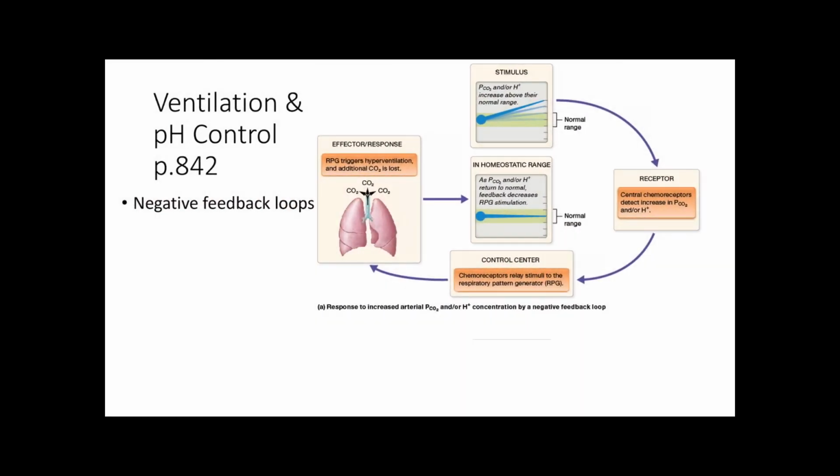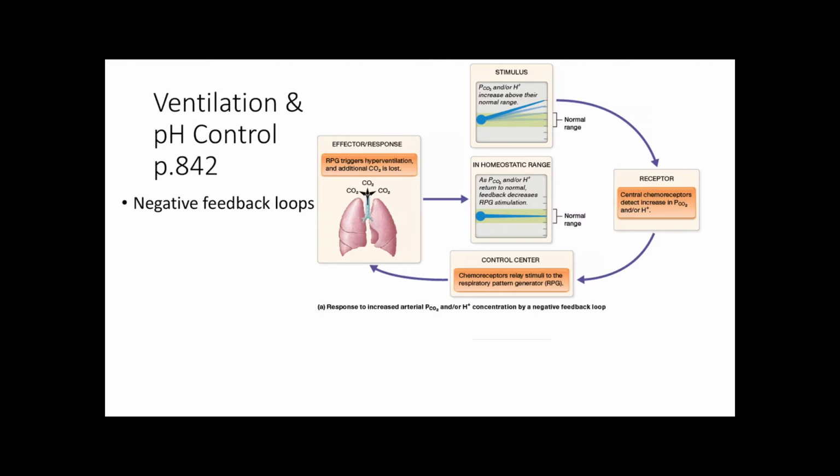The last topic that I want to focus on now has to do with ventilation and pH control. The respiratory system has an important function in terms of helping to regulate the pH of blood and body fluids.